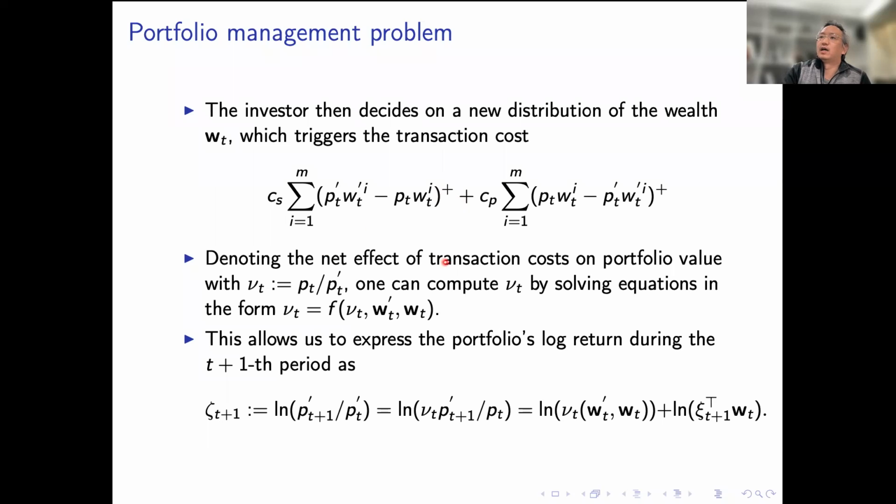This is how the transaction cost is calculated. We take the new value minus the original value, and if the value is getting larger, there's a transaction amount, and that transaction amount multiplied by the transaction cost rate gives us the transaction cost based on buying.